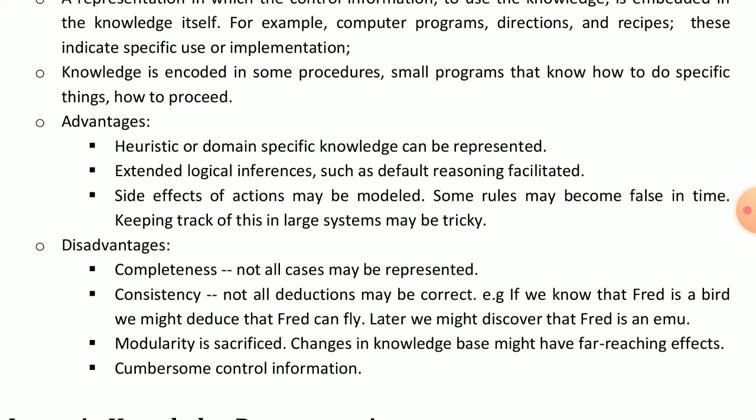Then side effects of actions may be modeled. Then we can use some rules and falls in time. Then for large systems this is tricky. So these are the advantages of procedural knowledge.